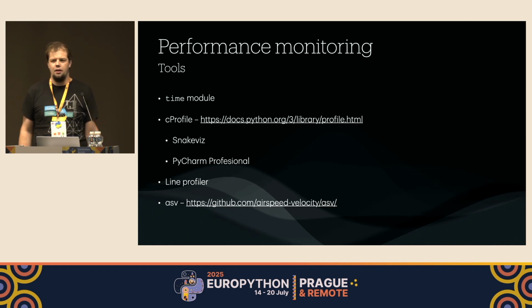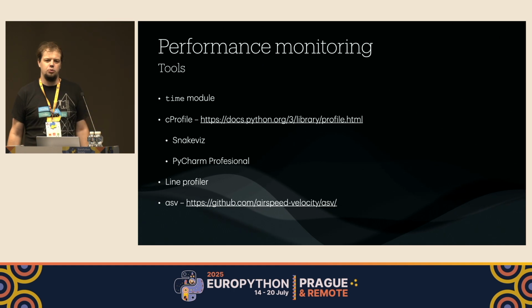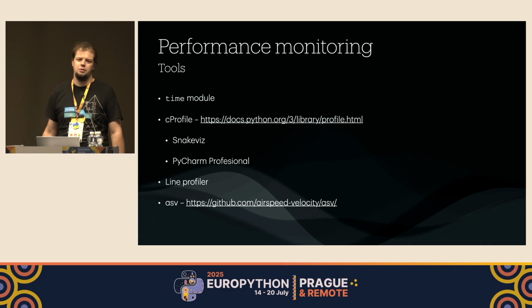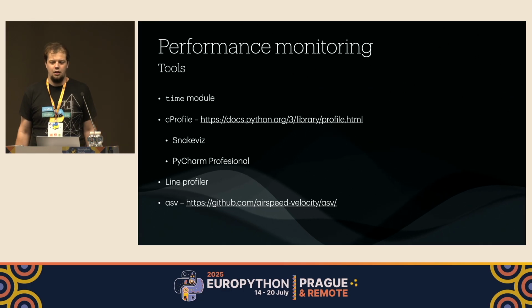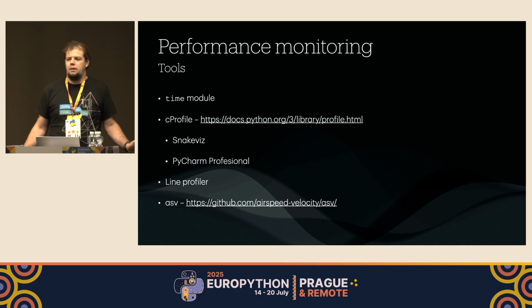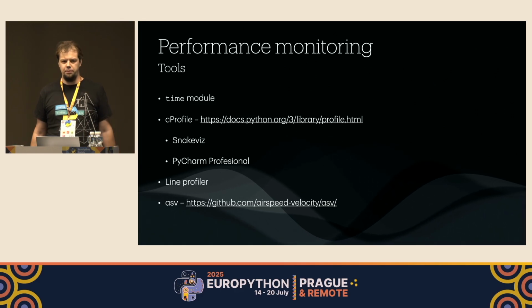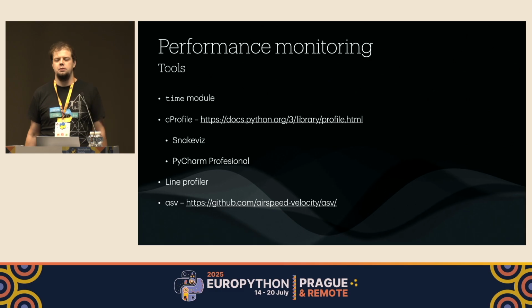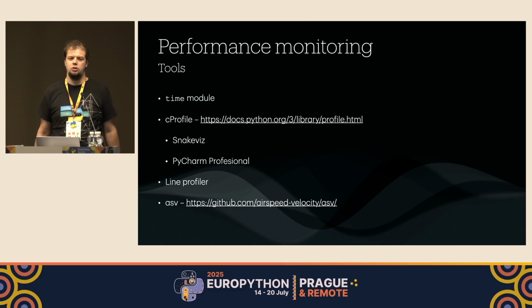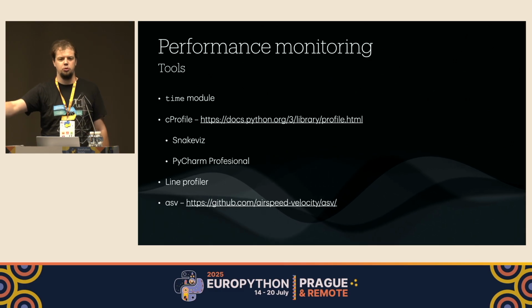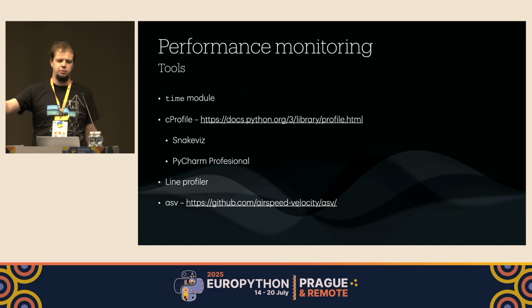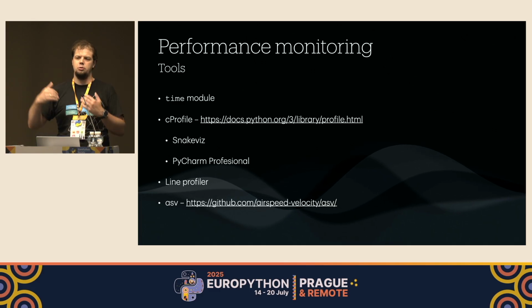So, okay, what is the simplest thing? The time module. I think that you know the time module from the standard library. I'm not sure it is really great for finding the source of a problem, but in many situations it is good enough to measure overall performance improvement. You just create a script with the reproducible part.